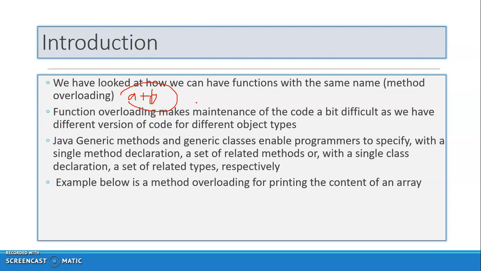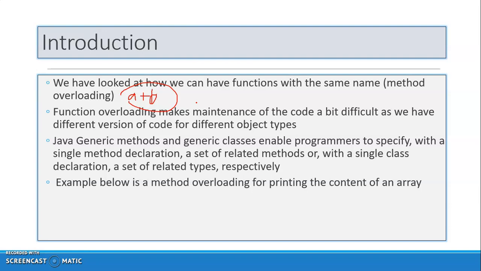So what will make the two methods different would be only the parameters, that the one has got integer parameters and the other one has got float or double parameters. But the two methods have got the same name, maybe sum or add. So using that, we are achieving some polymorphism in Java.